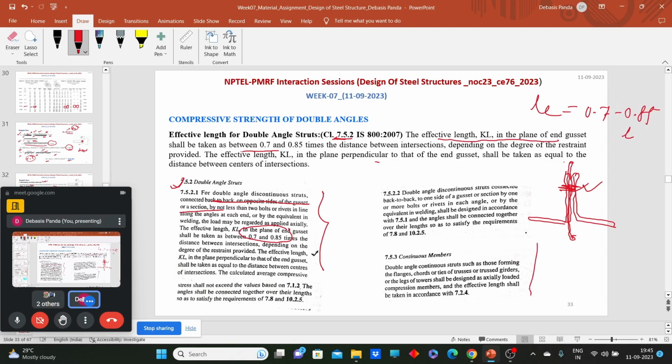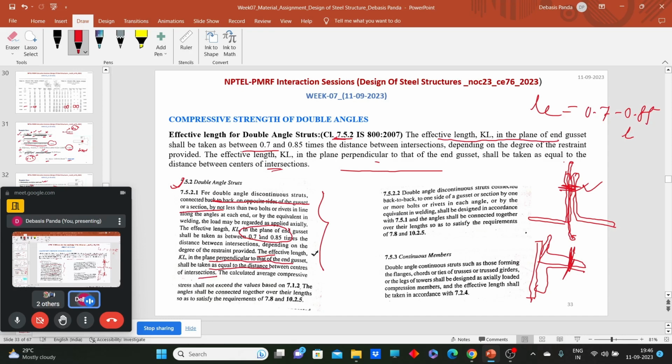Now if the angles are placed on the same plane like this, here and here also, and joined like this, then for this case the effective length in the plane perpendicular to that of the end gusset shall be taken equal to the distance between the centers of intersection.